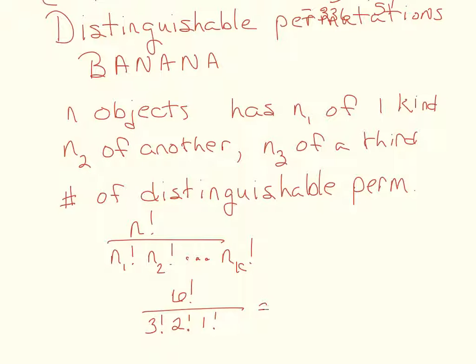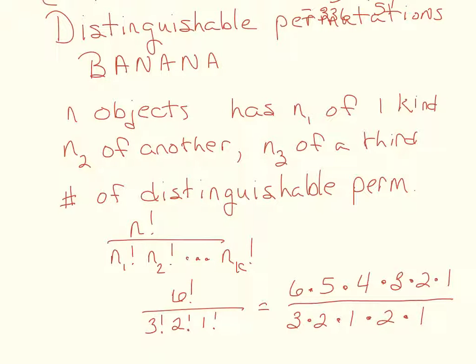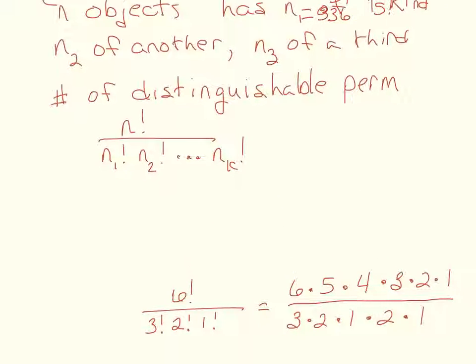We have 6 times 5 times 4 times 3 times 2 times 1 over 3 times 2 times 1 times 2 times 1. Let's see what we can cancel here.